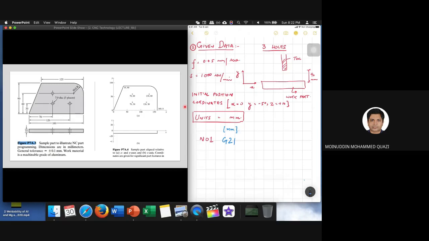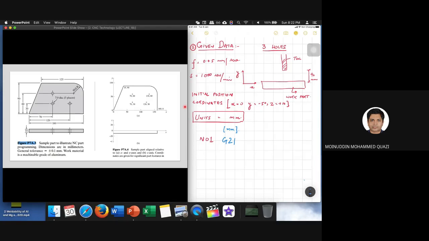Then I need to specify which coordinate system I'm going to use, whether it is absolute or incremental. It is up to the students which coordinate system they are happy with. In the book, they have used the absolute system.